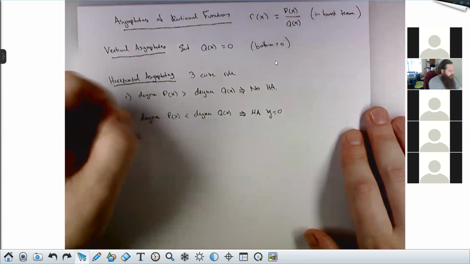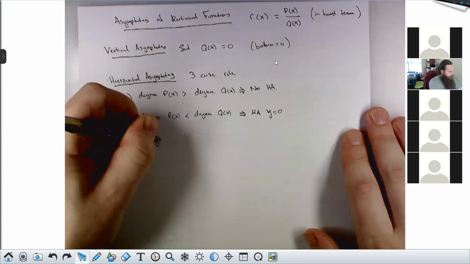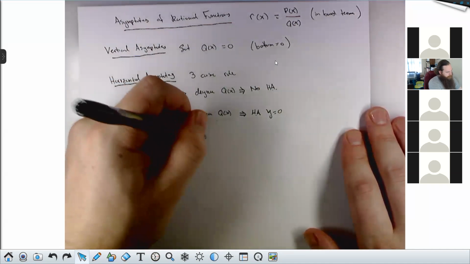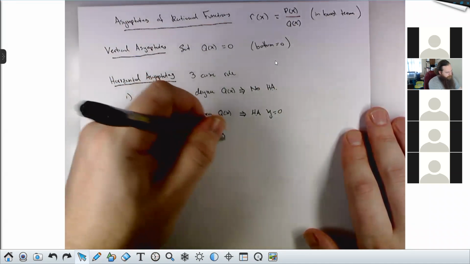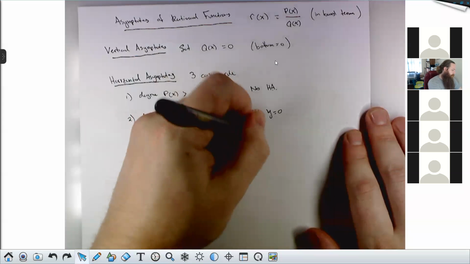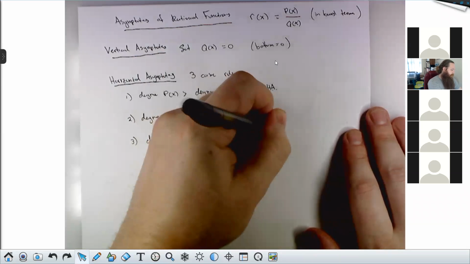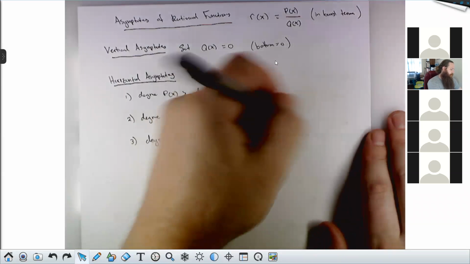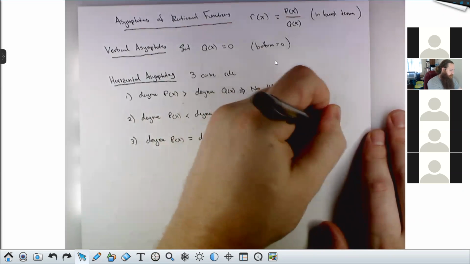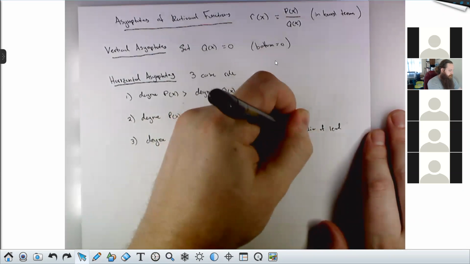And then the last and most interesting case is if the degrees are equal. And in this case, the horizontal asymptote is the line y equals the ratio of the coefficients.